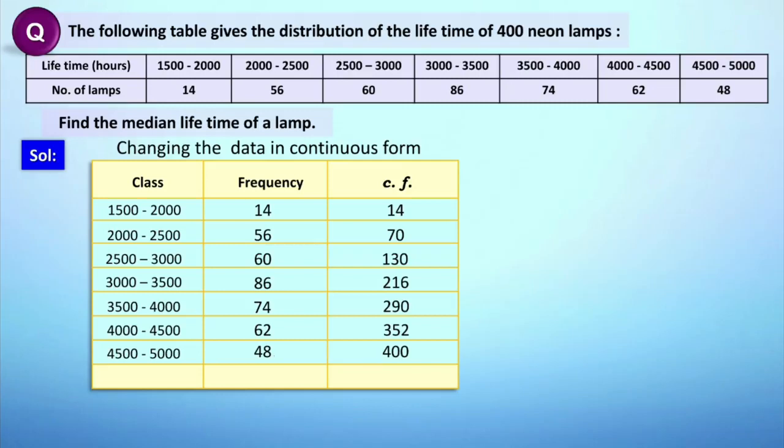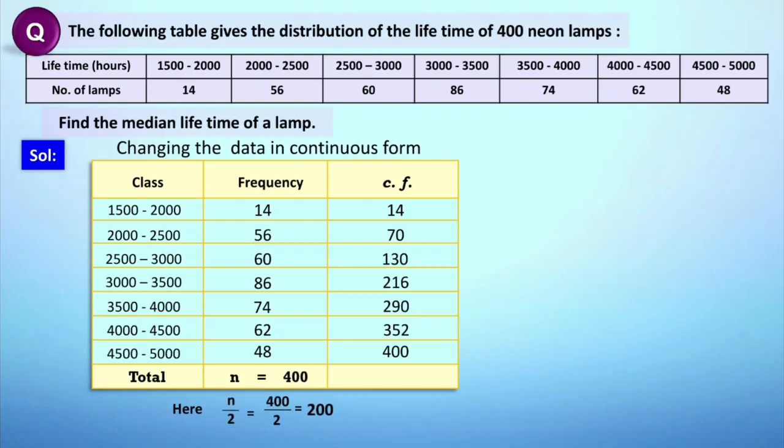After that, for calculating the median, we need to find the different terms. First, we will be calculating x, and for x, we will be calculating n upon 2. Therefore, n upon 2, that is 400 upon 2, will give me 200. That is x.